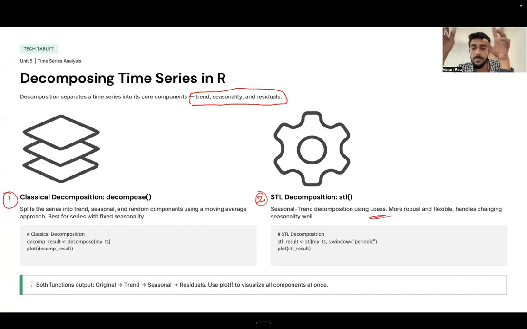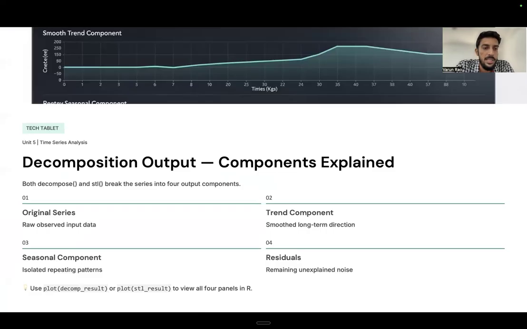However, please do not compare basic decomposition with STL variant of decomposition, because one is using loess function, the other one isn't. One is handling seasonality well, while the other one you use when you know that the series is with fixed seasonality. So A and B are two entirely different things and they are not the same.